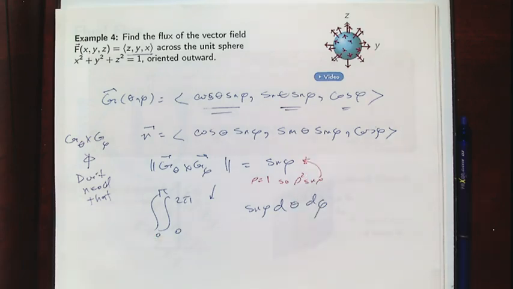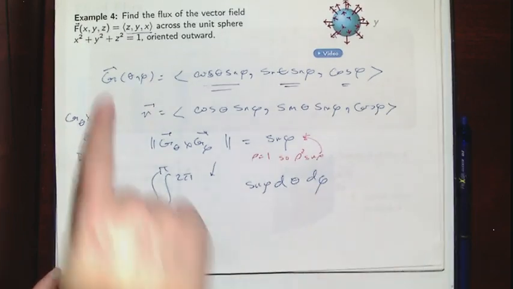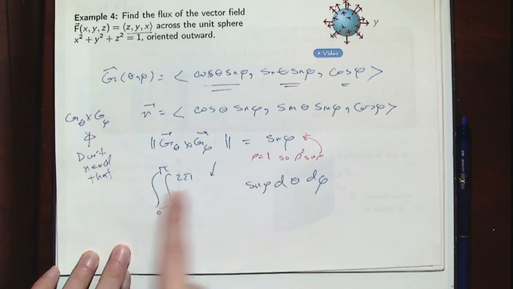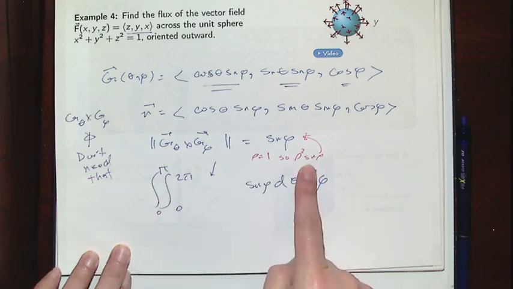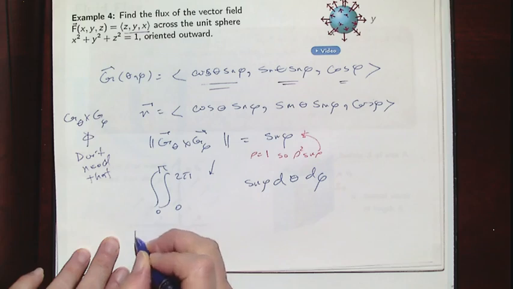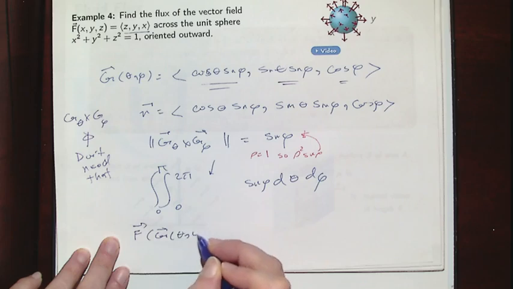All that said, now the next step is to multiply f dot n, then by the magnitude of that, and take the integral. What is f dot n? What is f of g of theta and phi?